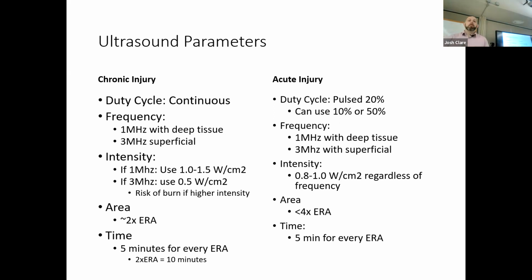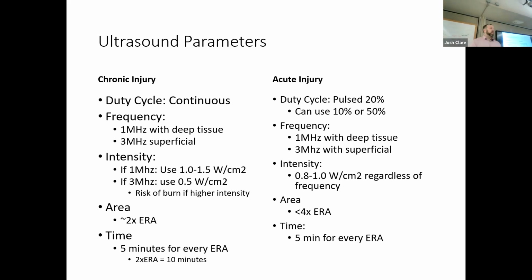It doesn't matter. The treatment area is just under 4 times the effective radiating area. So again, if this is 4 centimeters across, well, 4, 8, 12, 16. So we have a larger area than if we want the thermal effect. That's kind of nice. But the downside is we still want 5 minutes for every effective radiating area.